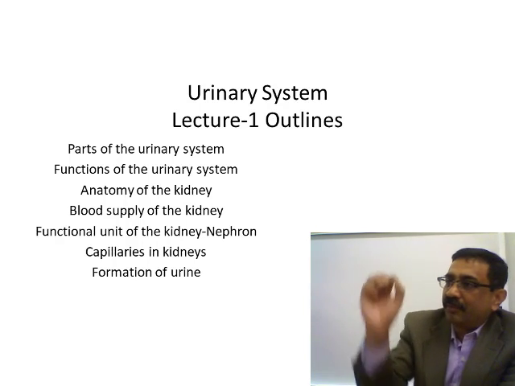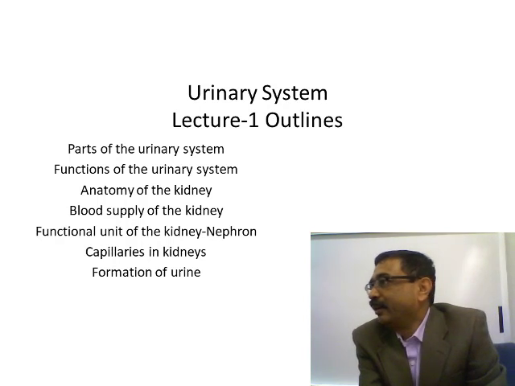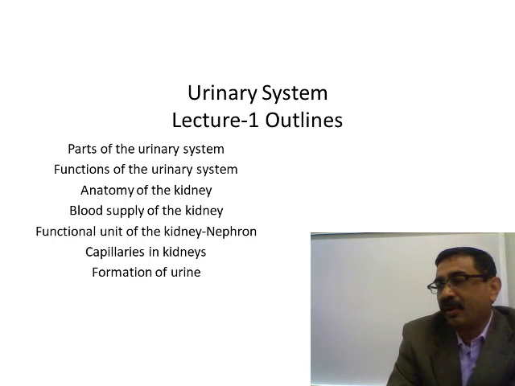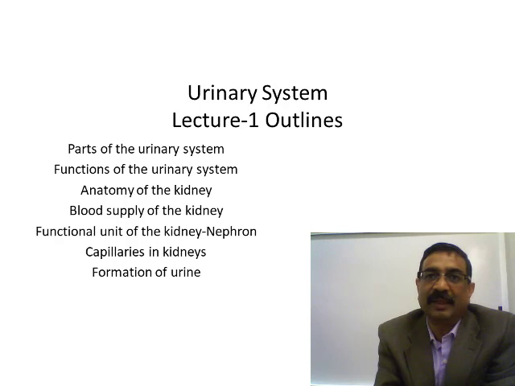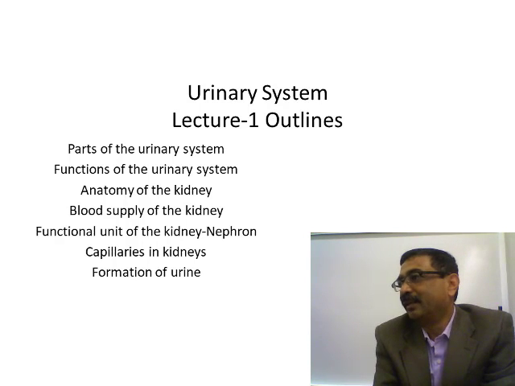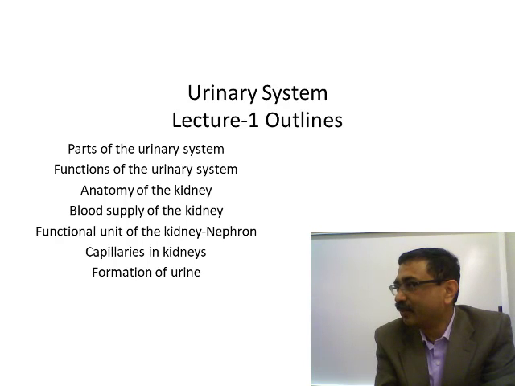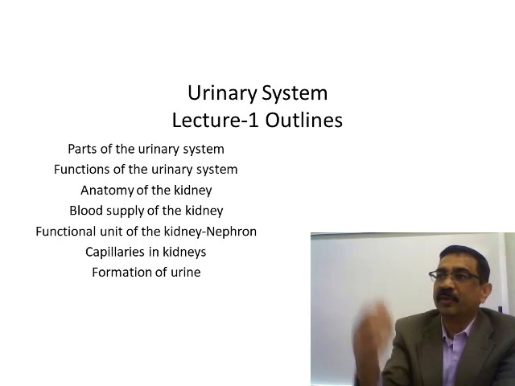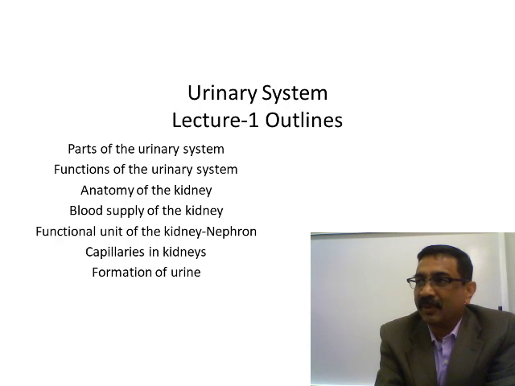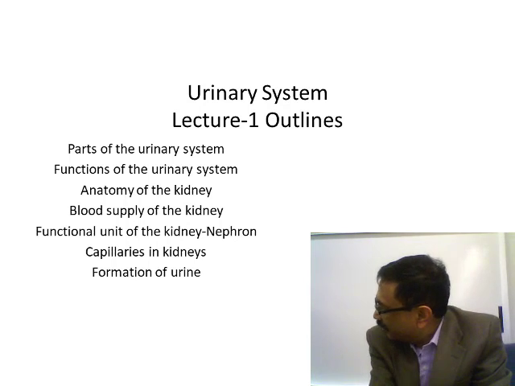Each nephron can produce urine individually. That's why nephron is called the functional unit of the kidney, because we know that the function of the kidney is production of urine, right? Kidneys produce urine, and each nephron can produce urine. So that's why nephron is the functional unit of the kidney.